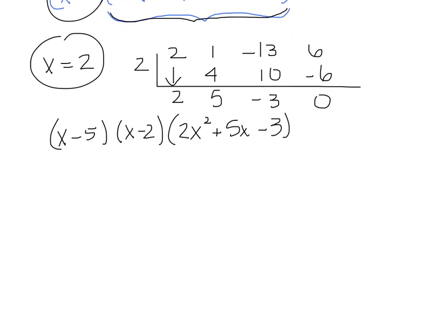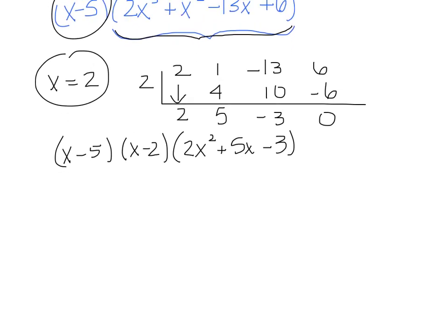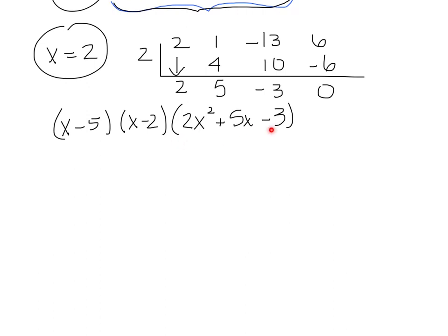And now it looks like I can factor this piece right here. So my factors are going to be x minus 5, x minus 2, and I'm going to have a 2x and an x.